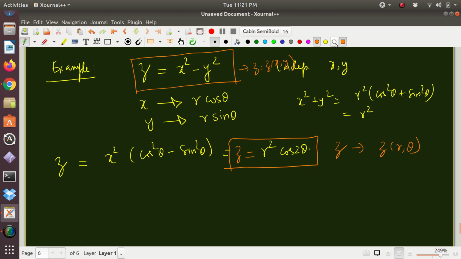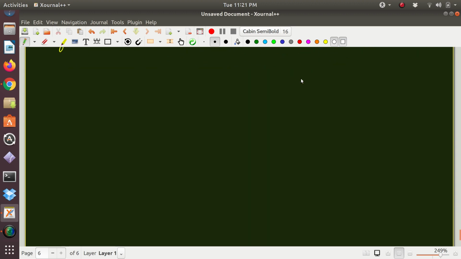Now let's take some examples and illustrate this idea. Here first I'm going to consider partial z by partial r at constant theta.